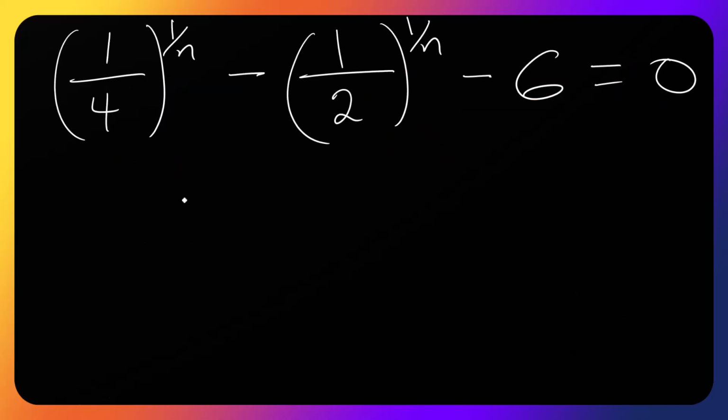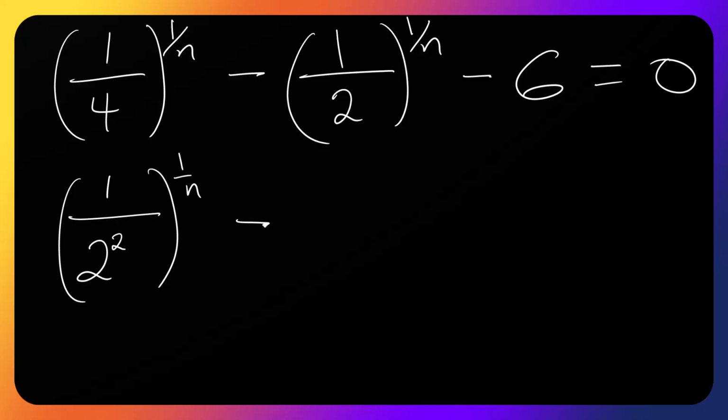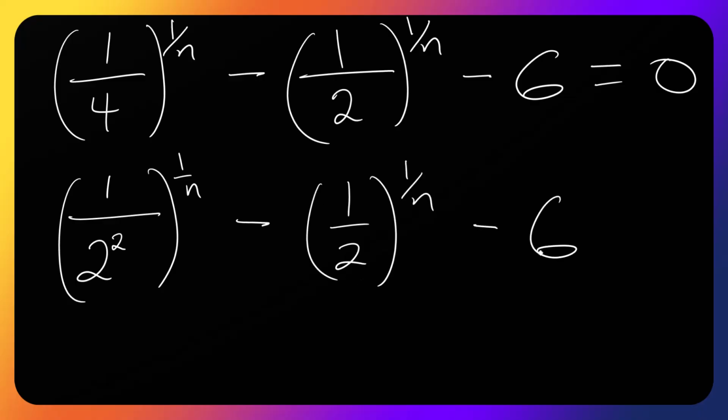Now I want to come out with common terms here, so that we can take them out. Now I want to rewrite this one as 1 on 2 squared. So we have 1 on n, and this one remains the same, minus 6 equals 0.